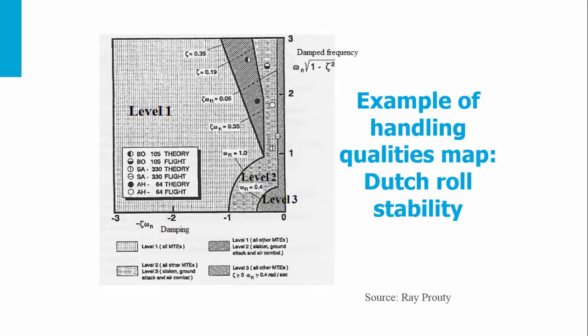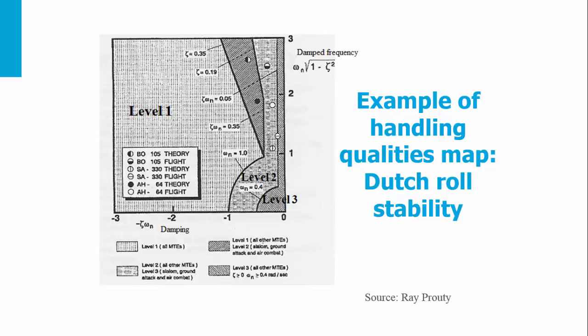Here is the BO-105 helicopter: one point is in theory, in this range, and this was the BO-105 in flight. Here the Puma SA330 in flight: in theory it was level 2, in flight it was between level 2 and level 3.